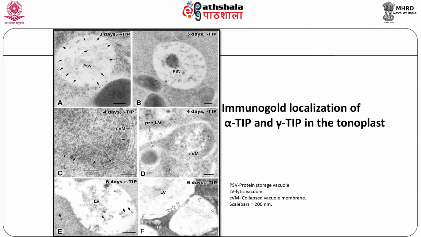In contrast, the gamma TIP labeling of the LV membrane is significantly increased compared with the 4D samples. In F, here CVM is nothing but collapsed vacuolar membrane.